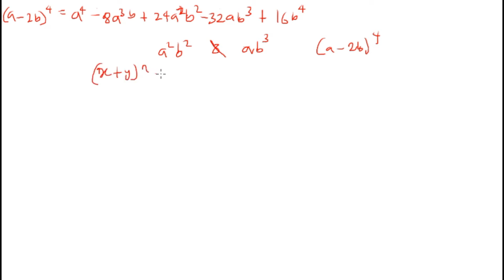If I have something of this nature, then I should have the summation of the expansion ranging from the point where r is equal to 0 to the point where r is equal to n. Then I'll have the coefficient, and x should take all the power while y will be raised to power r, and this has to be n minus r because the summation of their powers has to be equal to n.